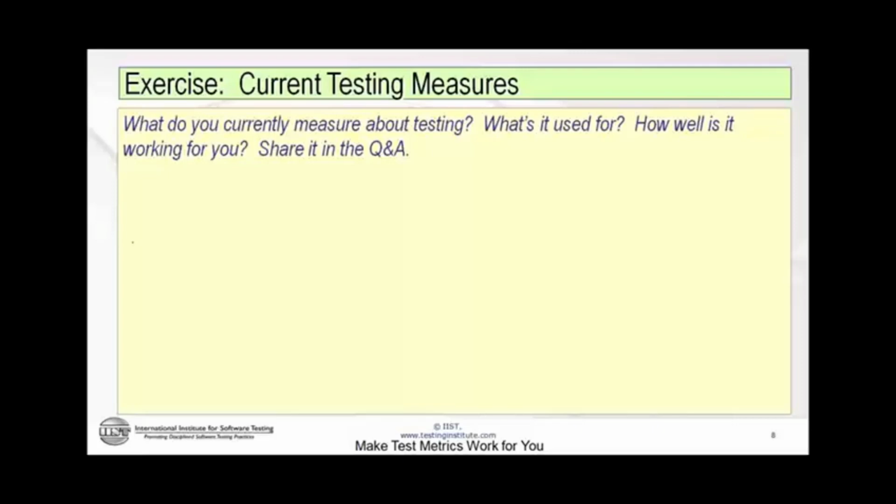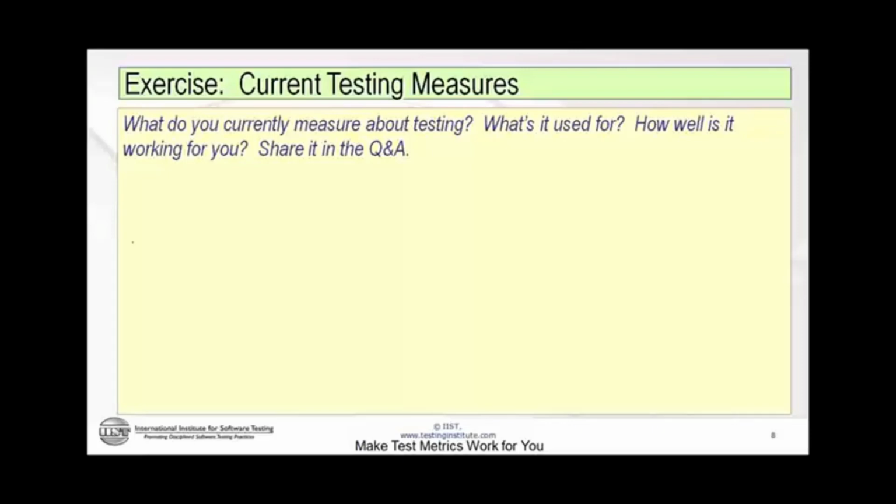Another one, new features and enhancements along with the existing features testing. Okay, new versus existing functions. Good. Anything else?